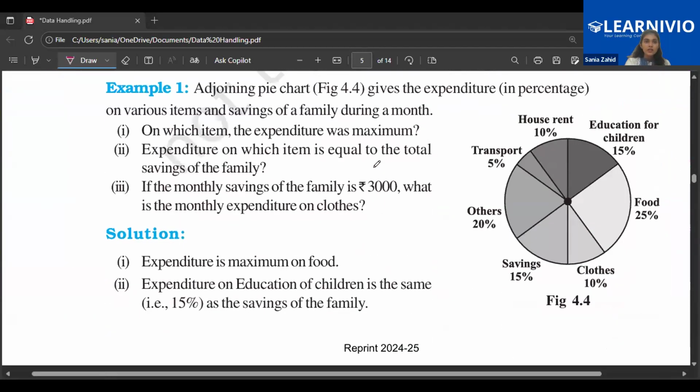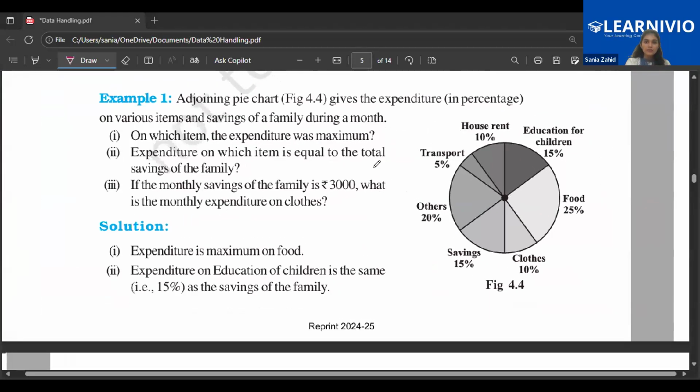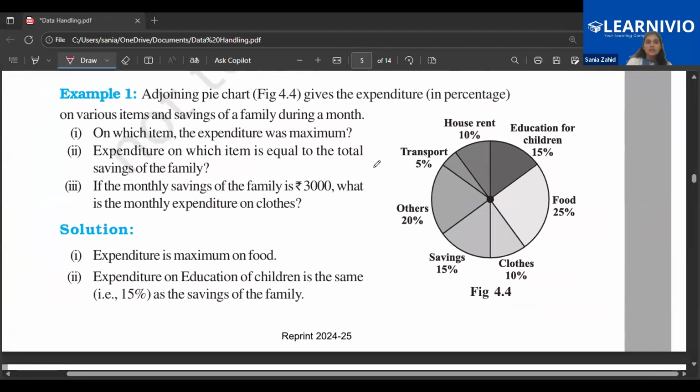Now, children, come to example number 1. You will try example number 1. Try the first and the second part, children. Ma'am, we have to solve like the previous one only? No, no. It's just that the figure is given to you.